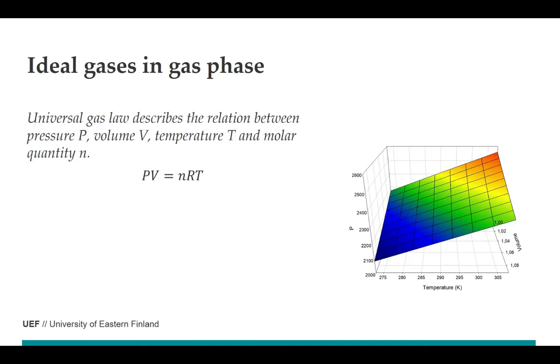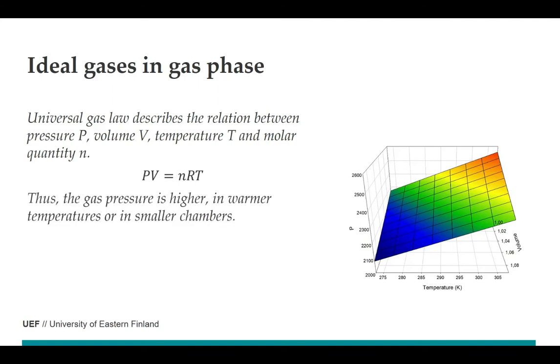Or if you are putting it in a smaller chamber, so in the front the volume is a little bit larger than in the back, where it's a little bit smaller. So it practically just means that the gas pressure is higher at warmer temperatures and in small chambers. Okay, it's not so difficult.